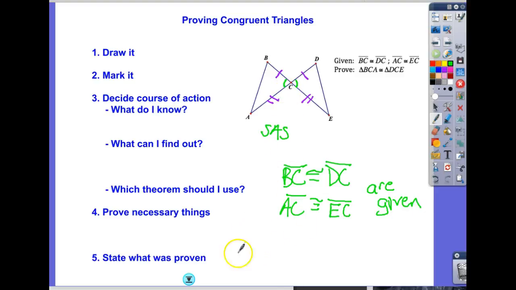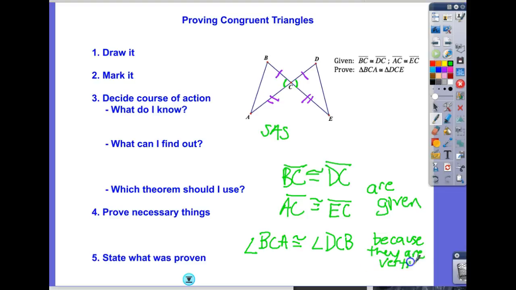And then I can say angle BCA is congruent to angle DCB because they are vertical. So I have side, angle, side, and I can state what was proven.